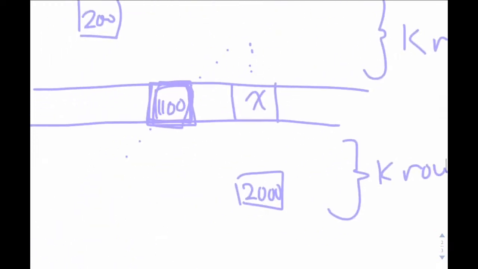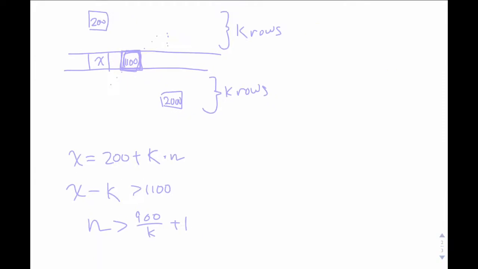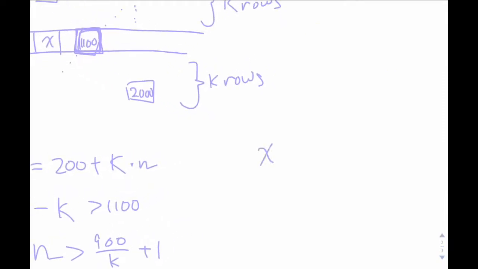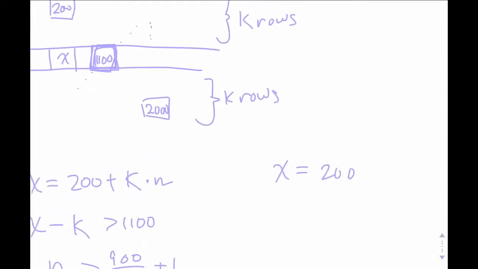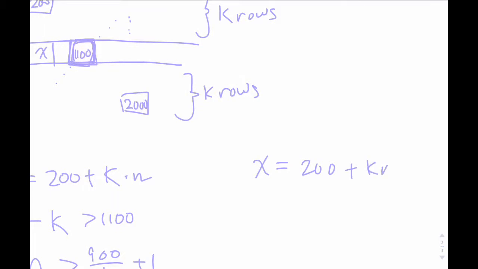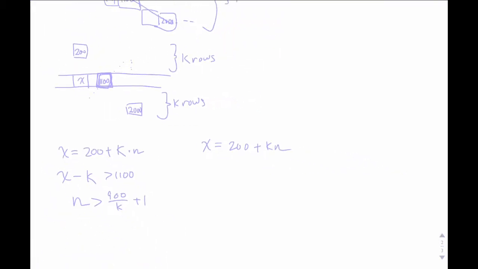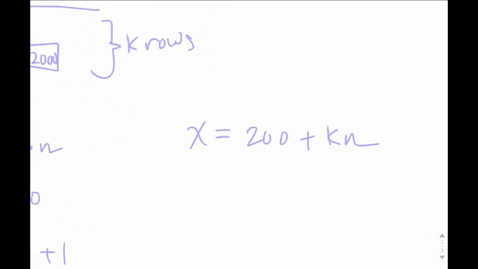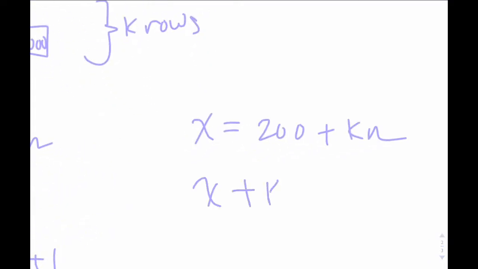we have, in this case, we move x over here, x is still equal to 200 plus kn in either case. But in this case, what we want is that x plus k is less than 1100.